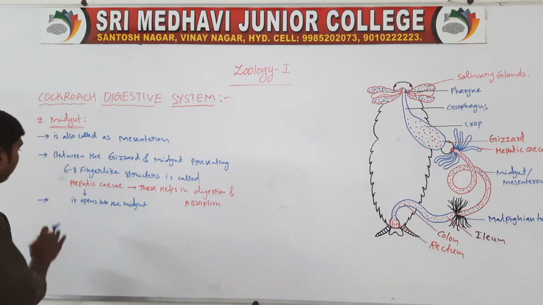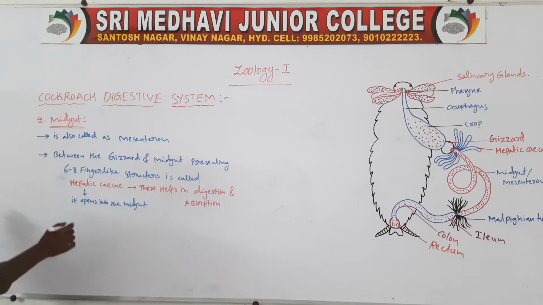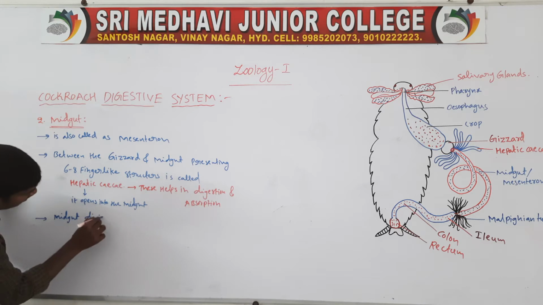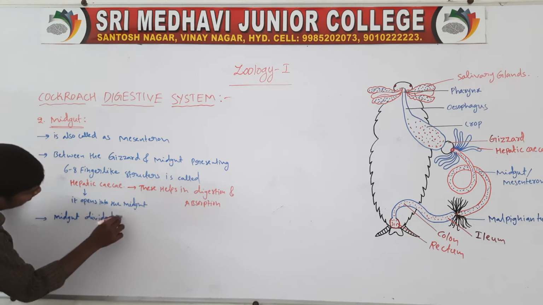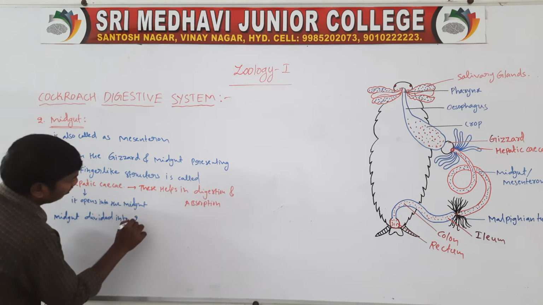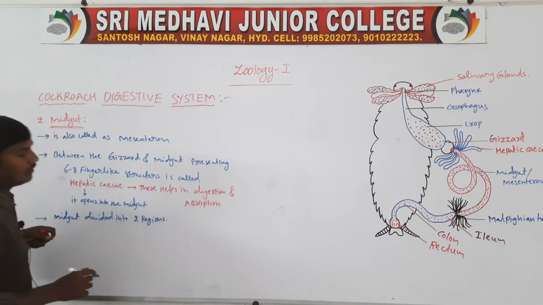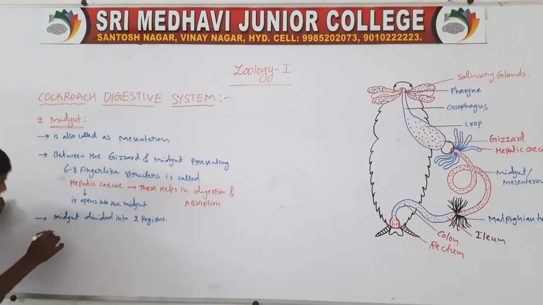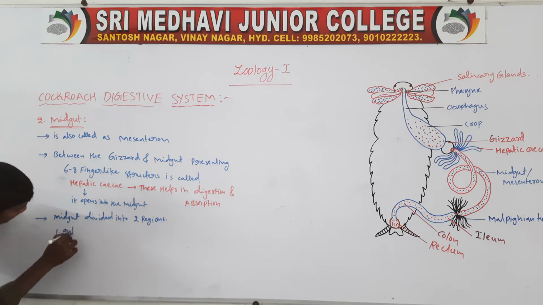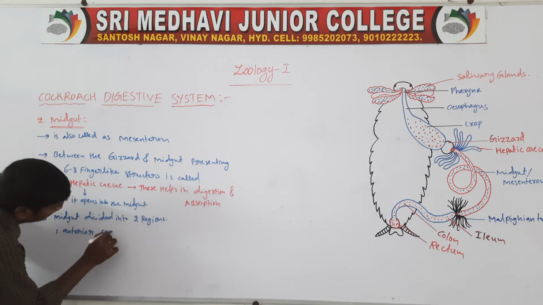Next, the midgut is divided into two regions. One is the anterior secretory region.